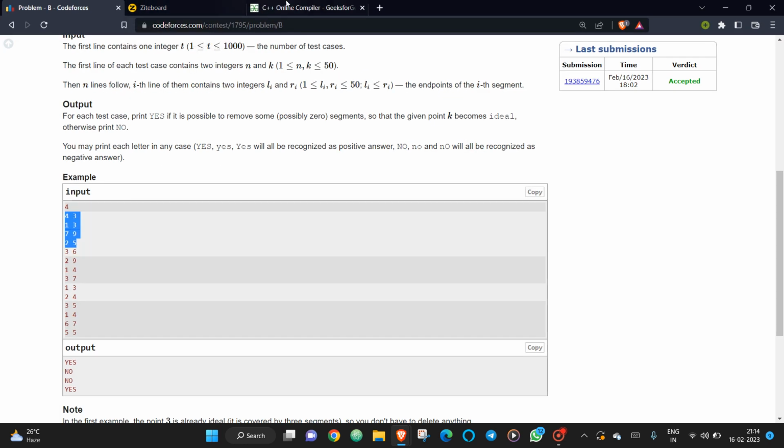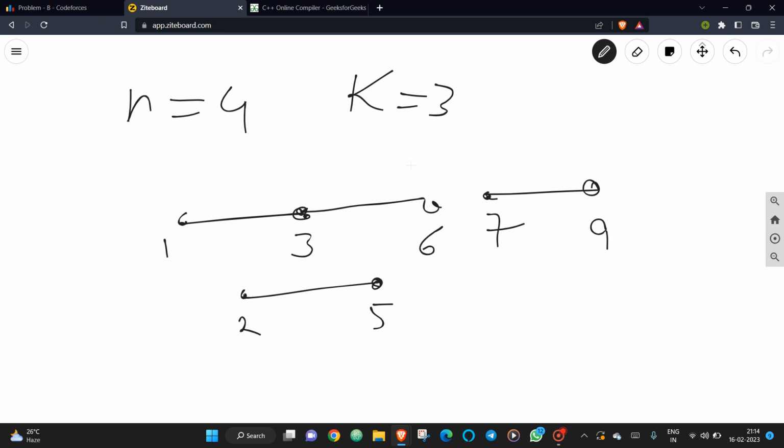Now, initially you need to check for this k. This k is covered in this segment, and this segment, and this segment. So this k is present three times, in three segments.